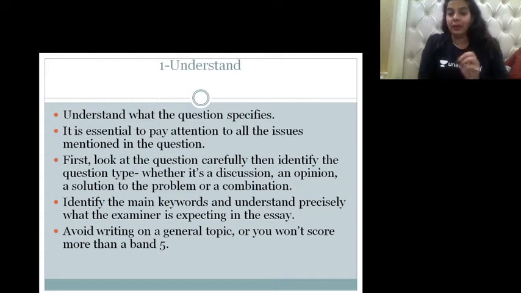disadvantages. Now, in that case, you are giving a proper beginning, you are devoting one paragraph to advantages, one to disadvantages, and then you are concluding. Remember, the question says discuss. The question nowhere asks you to take a side. Okay?